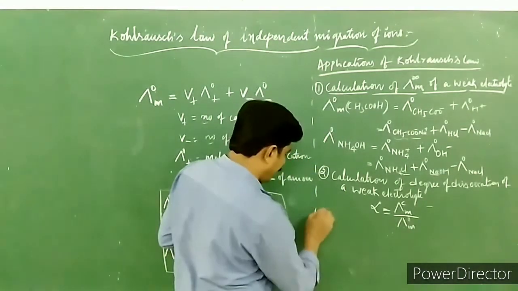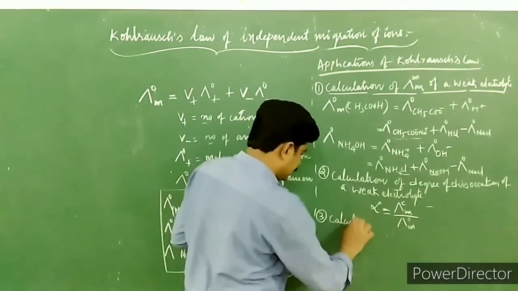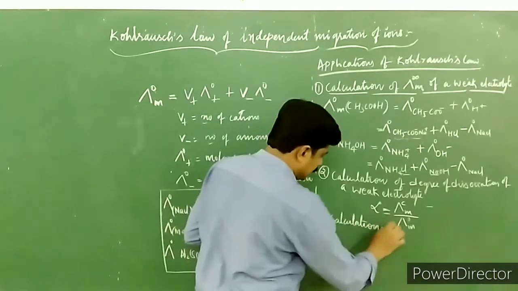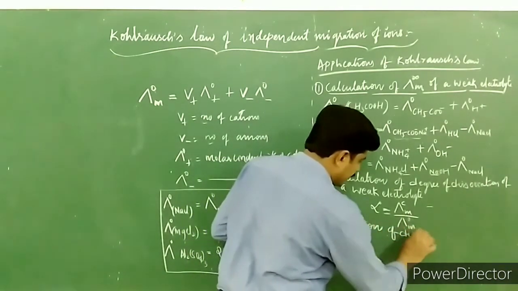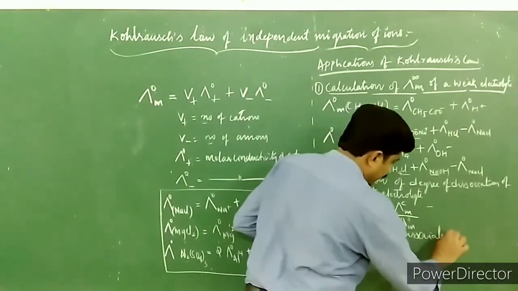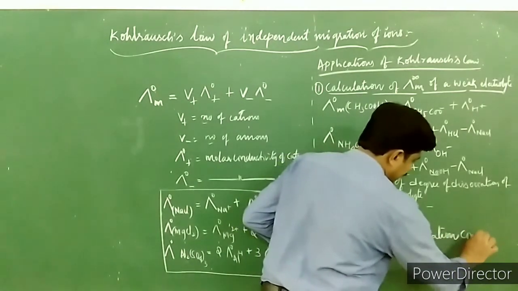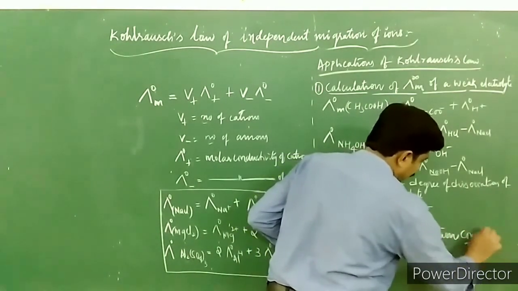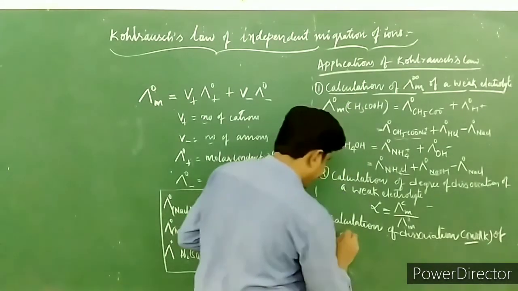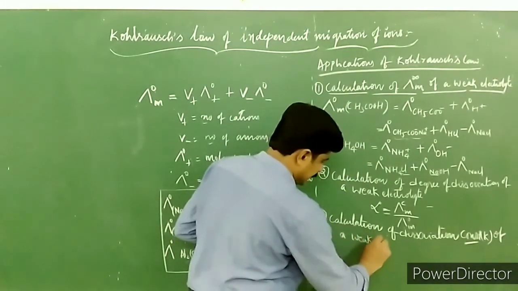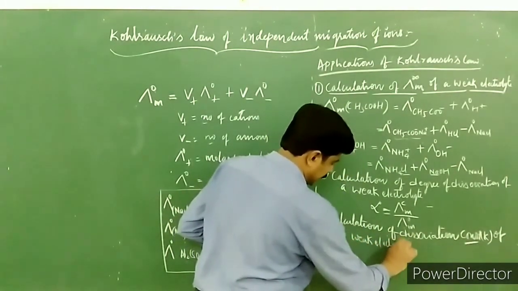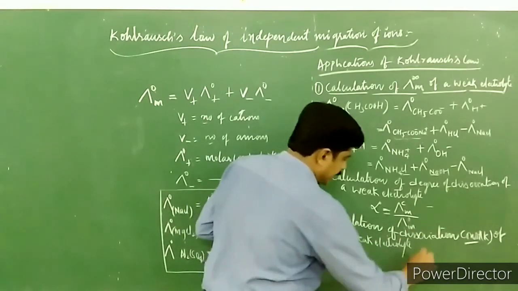Now the third one, calculation of dissociation constant, that is K, of a weak electrolyte. How do I do it?